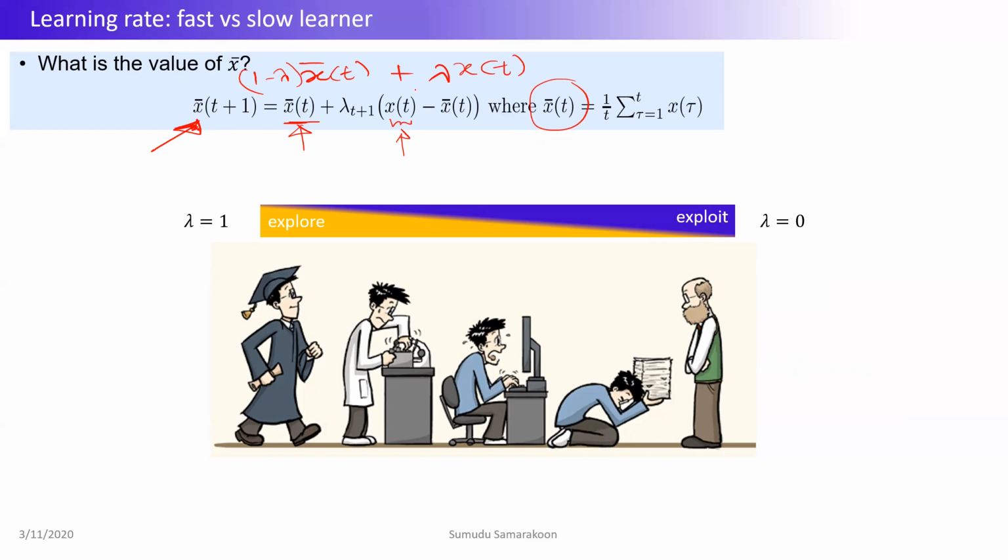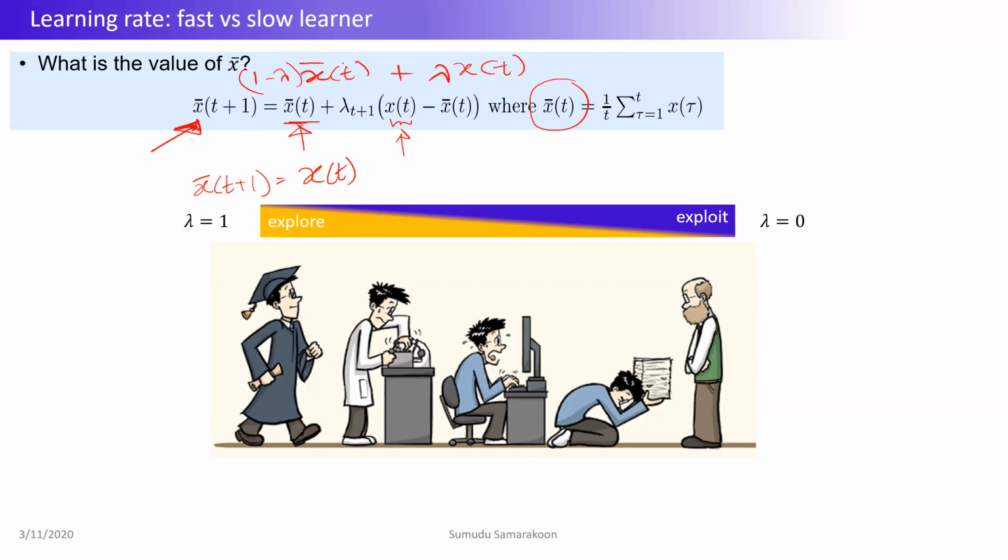Now, if we think about this step, if we set this lambda equal to 1, we basically neglect whatever knowledge we had accumulated over time. So when lambda is equal to 1, x bar t plus 1 would be just x t, right?